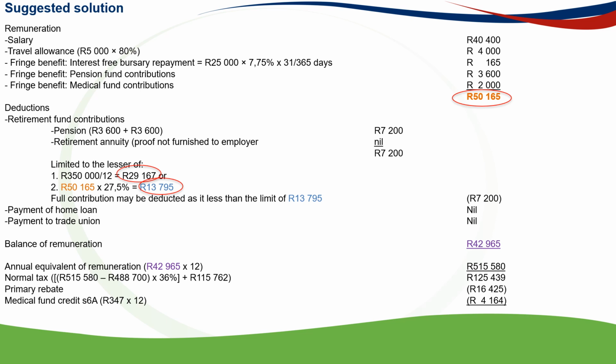So Solomon does not get that section 6B tax credit. So then we're left with the tax on the remuneration of 104,850 Rand. And we have to get a monthly figure for December, which is part of our calculation. So we divide it by 12 and we get 8,738 Rand.